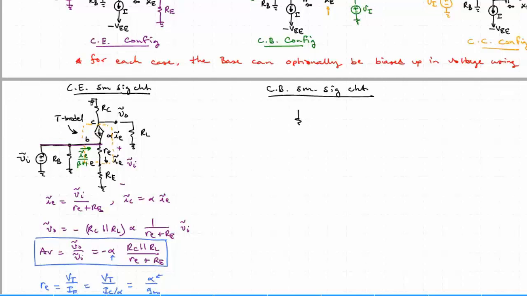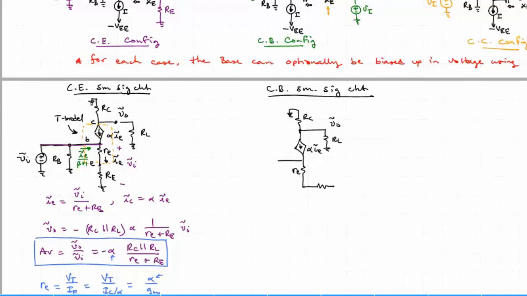So again, we have the grounded collector resistor. Our output is still across the collector, so we have our load there. We have our current source. I'm still going to use the T model. And now the input is going to be in series with little re.